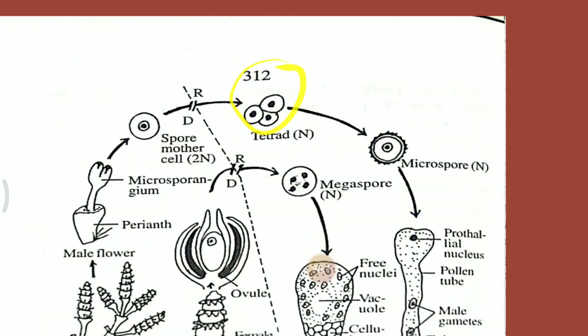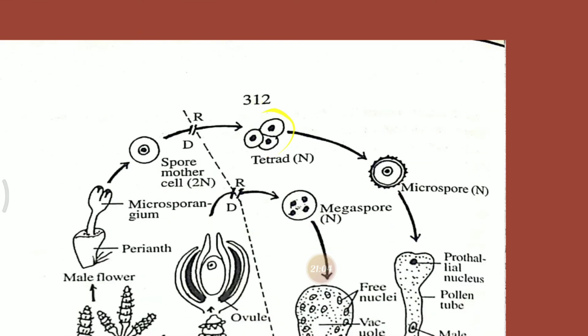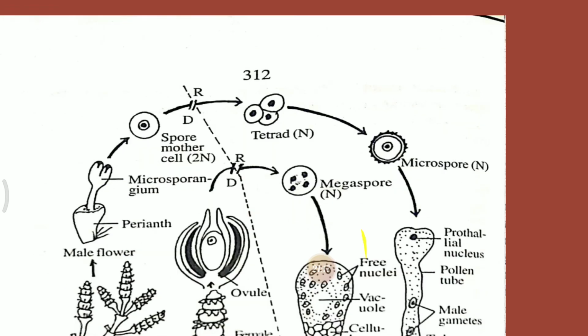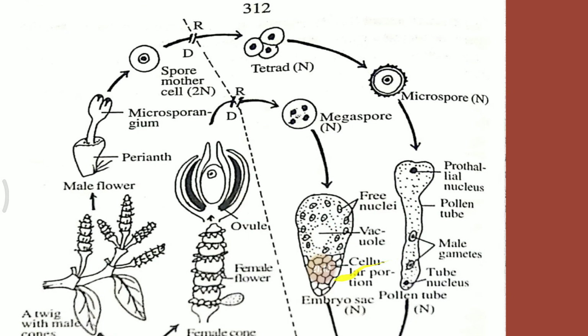You can see here one daughter nucleus gives rise to another daughter nucleus. Again it goes on dividing and gives rise to a third one, and a trinucleate is formed. Next it is entering the microspore stage, as I told you before. And here you can see that as the development is taking place, we can see the elongation.